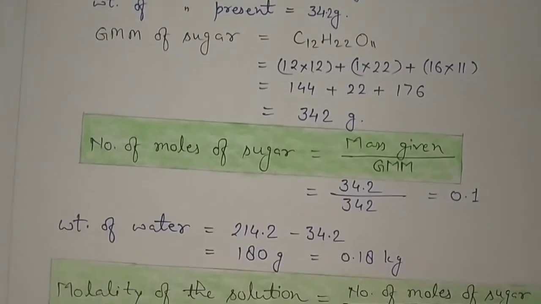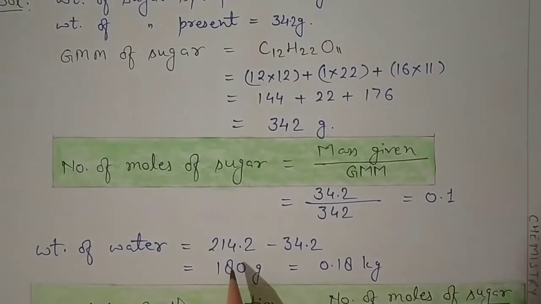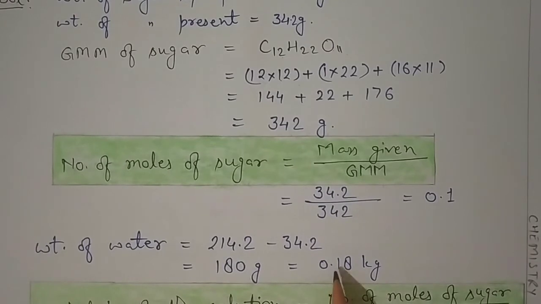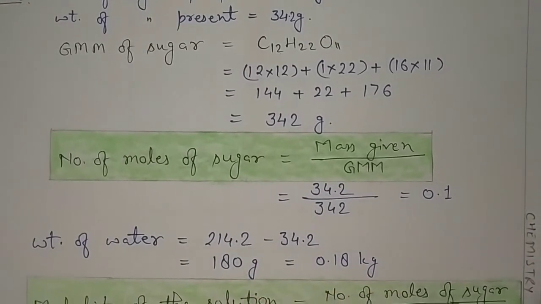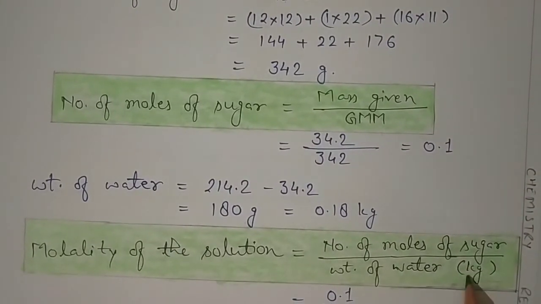Now the weight of water is 214.2 minus the weight of the solute in the solution. So we get the solvent weight, that is 180 gram. In kilogram it would be 0.18 kilogram by dividing by 1000. So the molality of the solution by the formula is number of moles of sugar upon weight of water in kilogram.